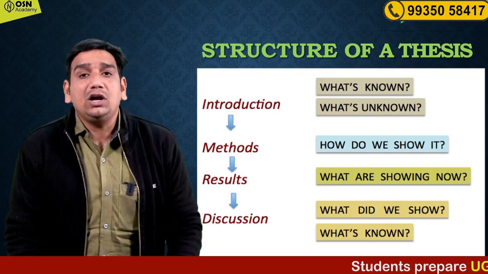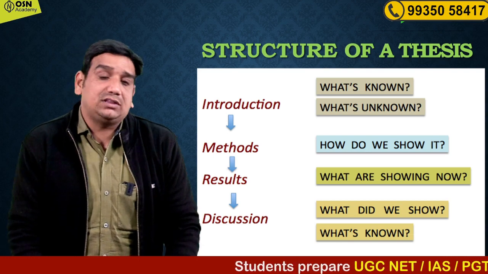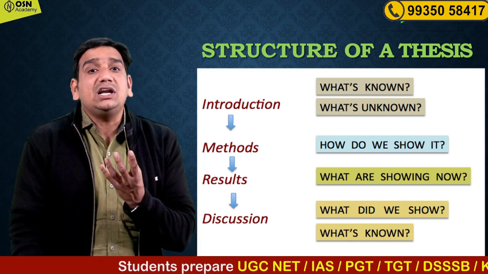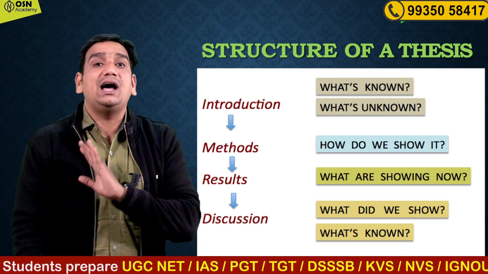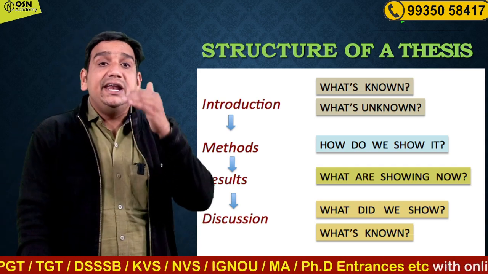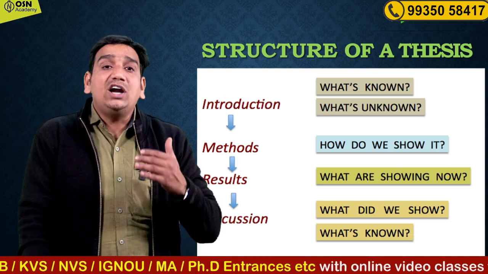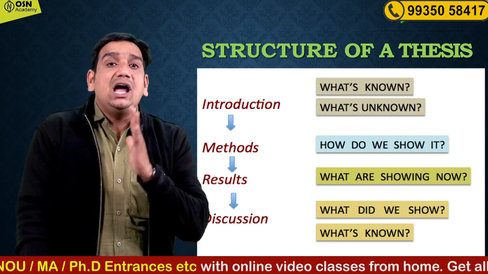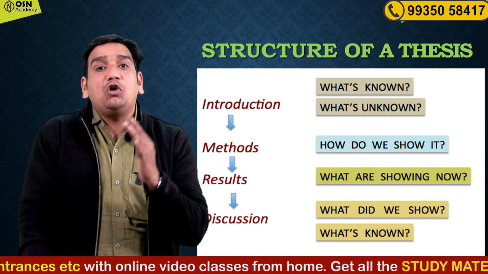Then we talk about the structure of a thesis. Structure and format are different things, because format is actually the layout of a research: what chapters should be there and what sequence to be followed.